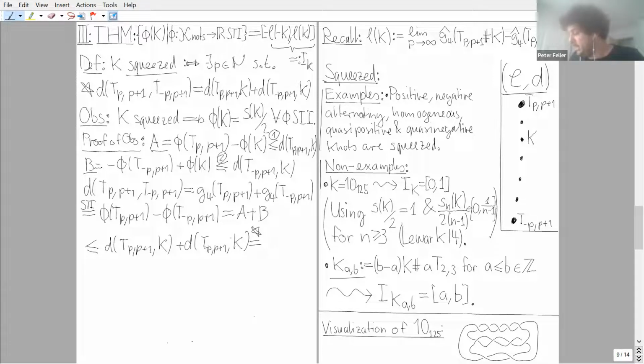Squeezed means for big enough choice of P, I actually have that this is an equality. This is equal to this distance. But now all the sequence of inequalities that started here and ended here became an equality. So I now know this has to be an equality. And from this, I conclude my 1 and 2 are equalities.